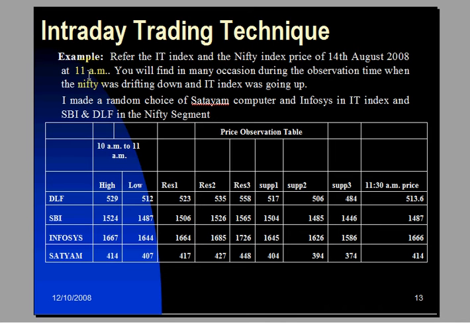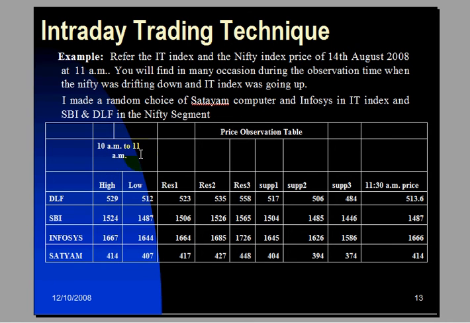From these two indices, I chose four stocks. These four stocks were the most active counters at that particular time: DLF and SBI from Nifty, and Infosys and Satyam from the IT index.